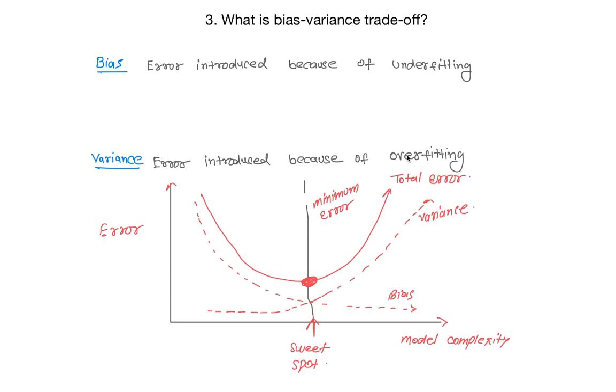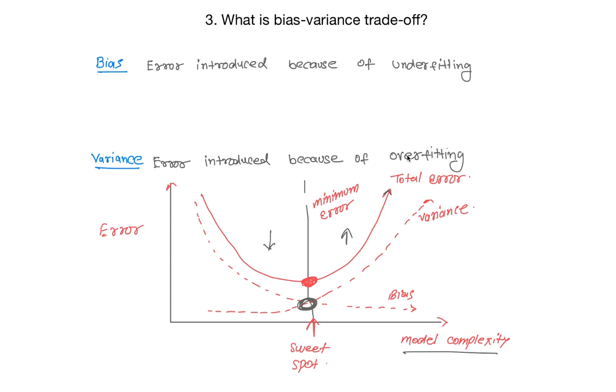So what happens in general when you increase the model complexity? Then error reduces, but only up to a particular point. But if you keep increasing your model complexity, your total error goes up. The data scientist has to make a decision where there is low bias and low variance, and that point is here.